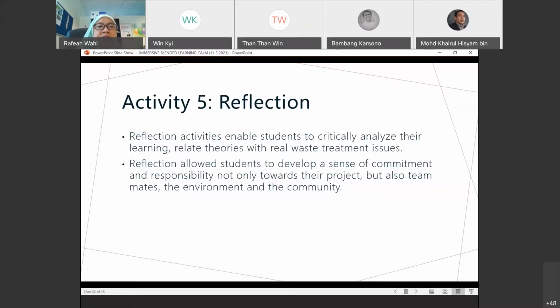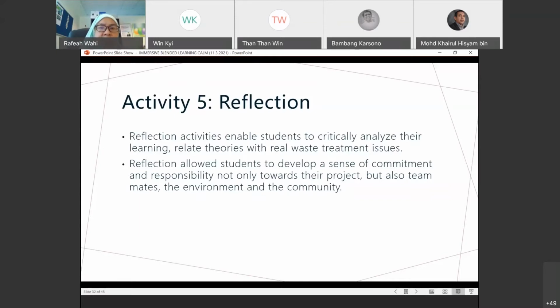So this is the importance of reflection. We have to guide the students by giving the right questions, so that we know whether students really learn or they are just a passenger in the group.